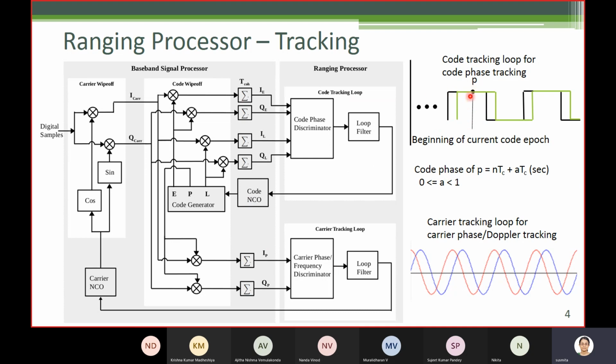In other words, we can find the time between this point and the beginning of the code epoch, because each chip has a particular duration, TC. Now, how can we correct this? So the loop filter sends some corrections based on which the M value, capital M value, here also we have capital M value is adjusted, and that will adjust the fractional part here. So this way we can make corrections to bring tau to 0.